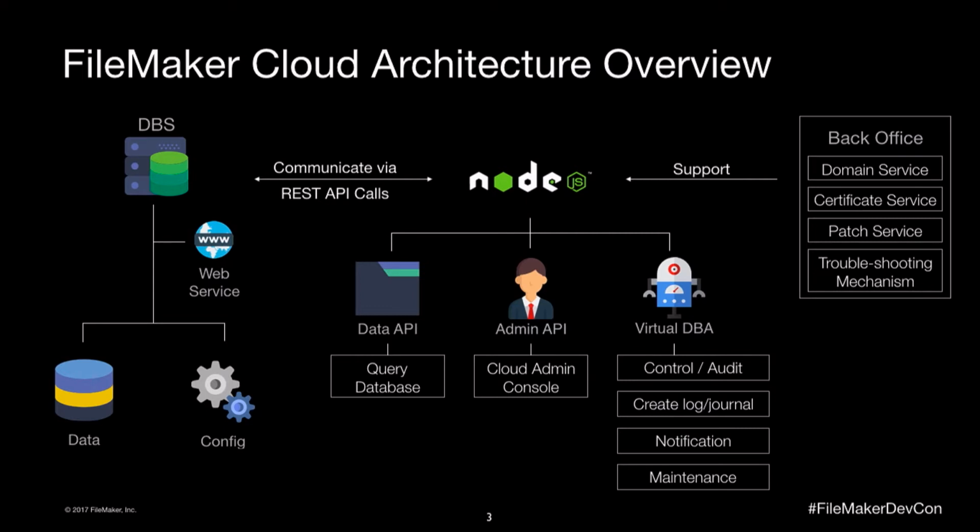So after we looked at the whole thing, we said, OK, we have Node.js there, and can we actually do more with it? The data API is the next thing we worked on. When we looked at the RESTful API, we asked, what if a customer wanted to talk to a third party, for example, Salesforce.com?